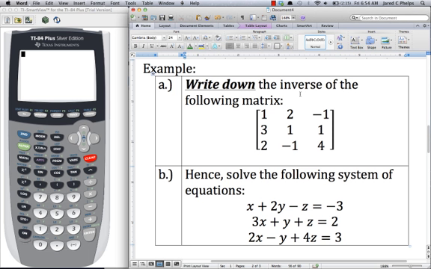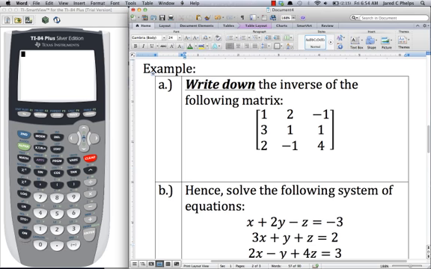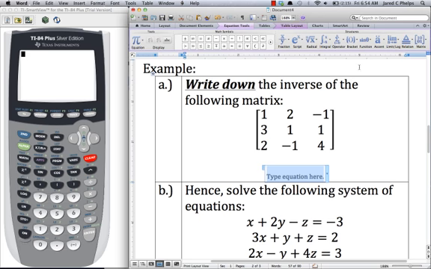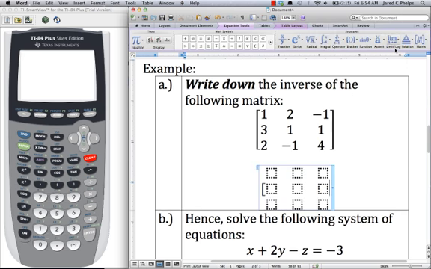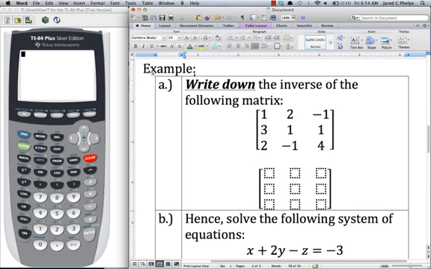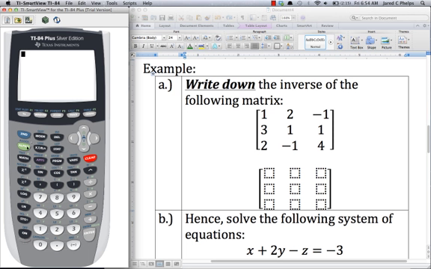So how do we get the inverse of a matrix on a calculator? In case you've forgotten that, I'm going to cover that now. Let me put a matrix framework in here for myself. If you go over to your calculator, there's a matrix button right above the inverse button.